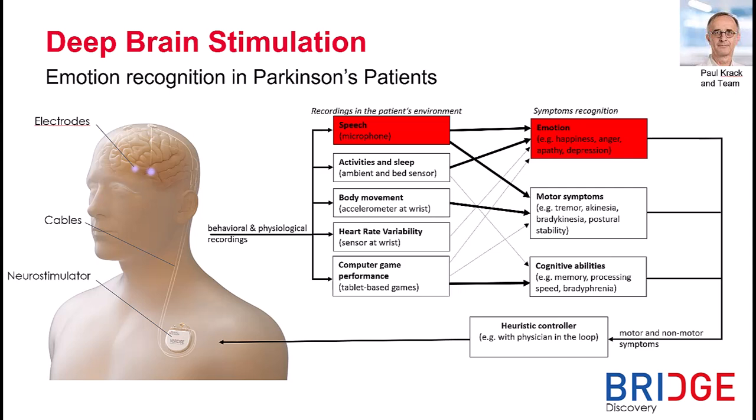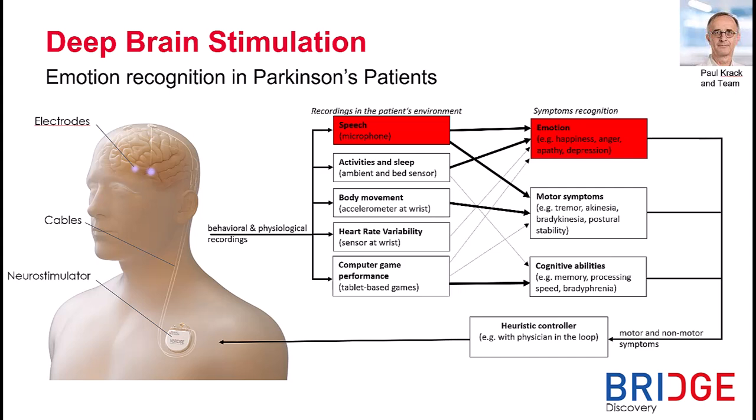And the challenge here is that the control parameters of the stimulators have many degrees of freedom. So you can select amplitude, frequency, shape of the stimulation, and so on. And it's not so easy to find the optimal stimulation parameter, especially since they are highly patient-specific.